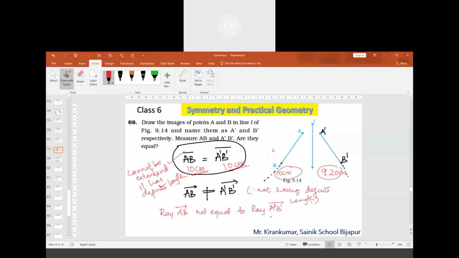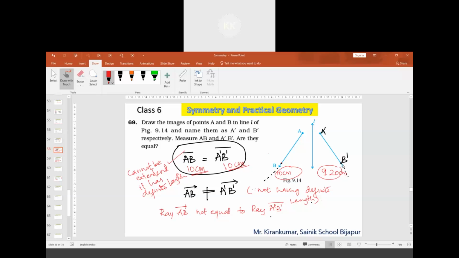Sir, I have a doubt, sir. How can we extend the ray in the mirror image, sir? We cannot extend the ray in the mirror image, but they have asked to draw the image. We have drawn the image.